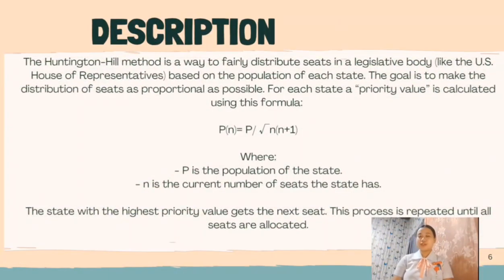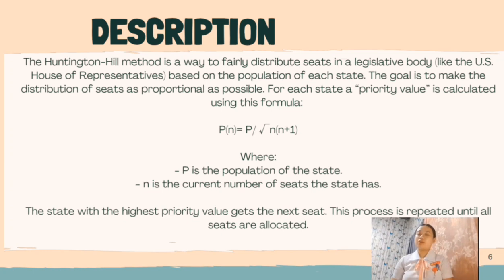Okay, for the next, let's go to the description of the Huntington-Hill method. So it is used to fairly assign seats based on population. It starts by giving each state one seat, then calculates a priority value for each state, using its population and the number of seats it already has.